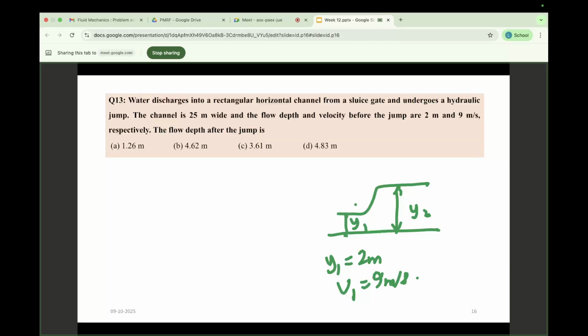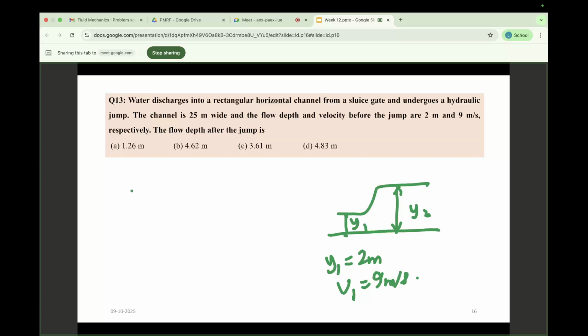Basically, as this is a rectangular channel and undergoes a hydraulic jump, we need to assume the sequent depth. What is sequent depth? The sequent depth means the two depths having the same specific force, right?